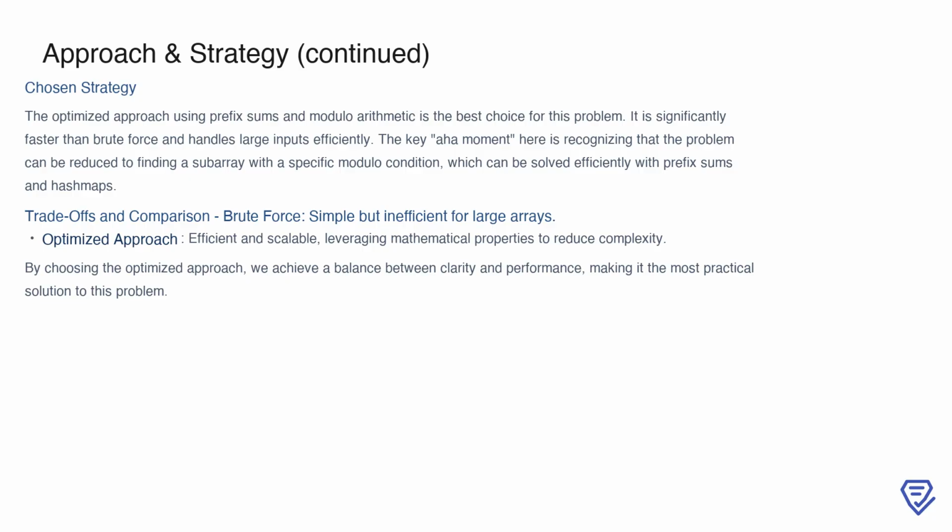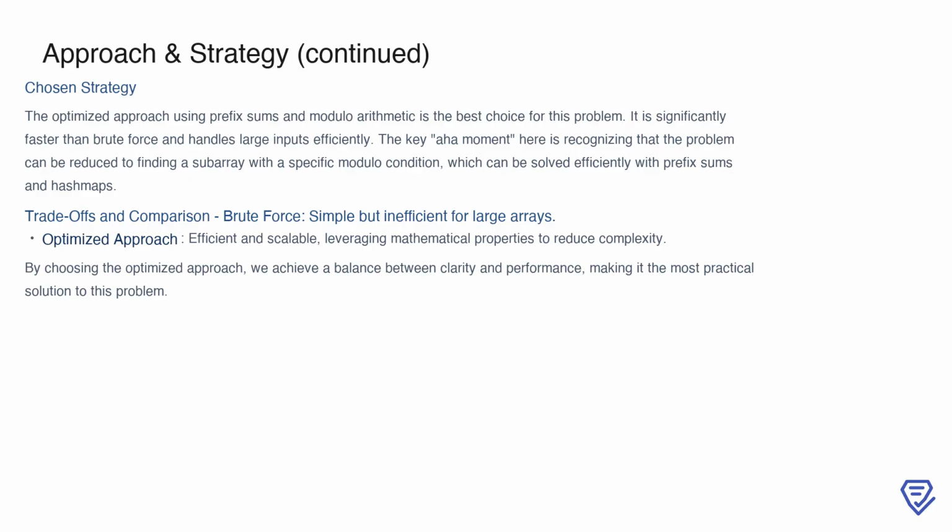When comparing the two approaches, the brute force method is conceptually simple but computationally infeasible for larger datasets due to its cubic time complexity. In contrast, the optimized approach leverages mathematical properties to achieve a balance between clarity and performance, making it significantly faster and more practical. By adopting this strategy, we ensure that the solution is both efficient and capable of handling the constraints posed by the problem.